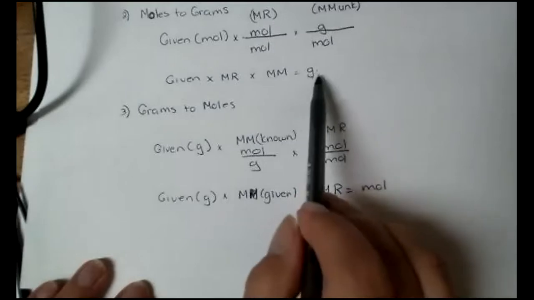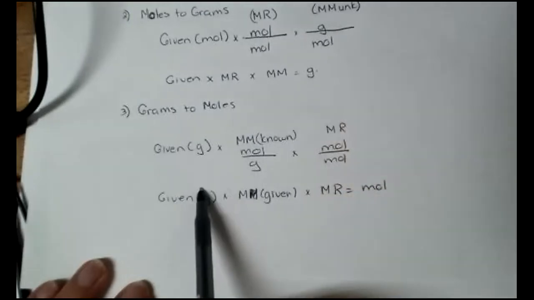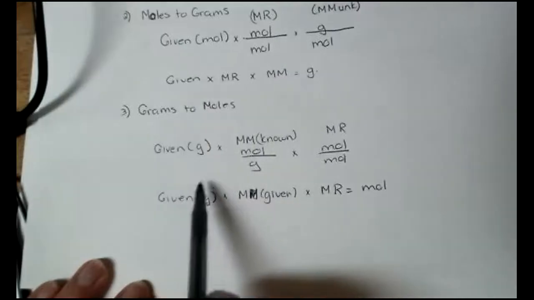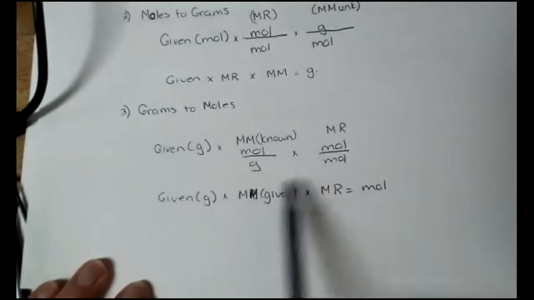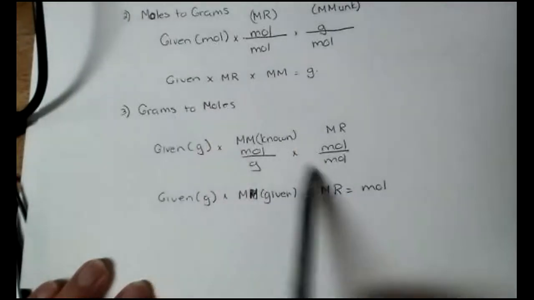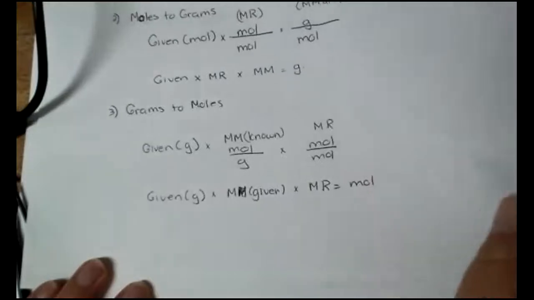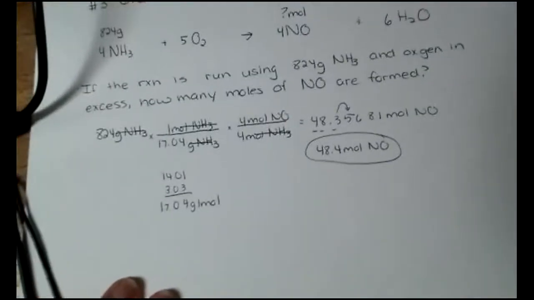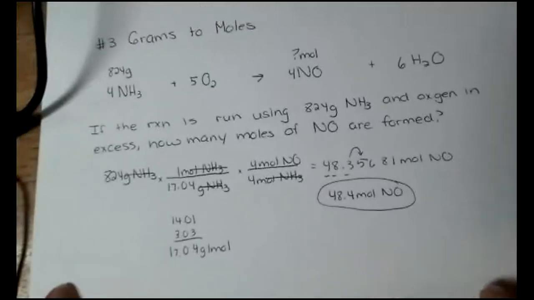Right here, you ended up with grams. This one you're starting with grams. If you look, grams, MR given. This is going to be grams, MR mole, because your given was in mole. Okay, so it's just a reverse. So let's go back to that same reaction.